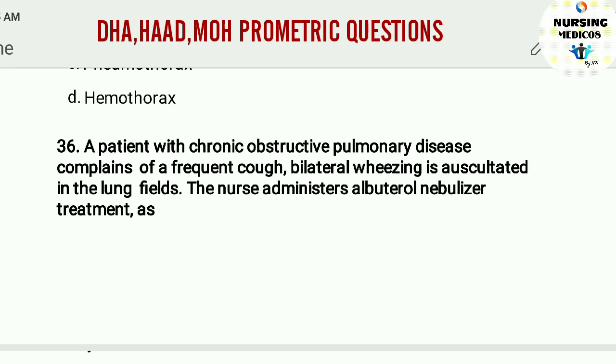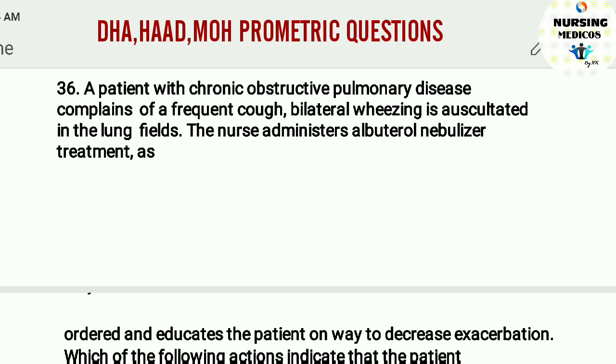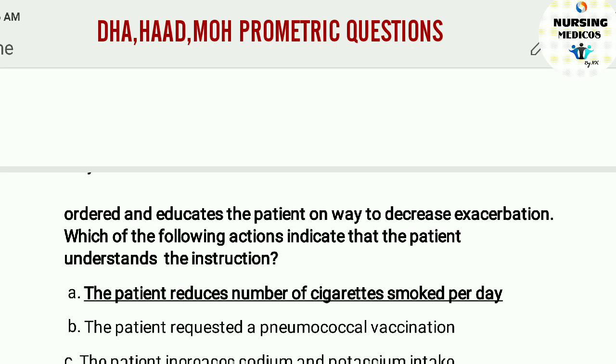Okay, question number 36. A patient with COPD complains of frequent coughing, and bilateral wheezing on auscultation of the lungs. The nurse gives an albuterol nebulizer treatment as ordered and educates the patient on ways to decrease exacerbation.